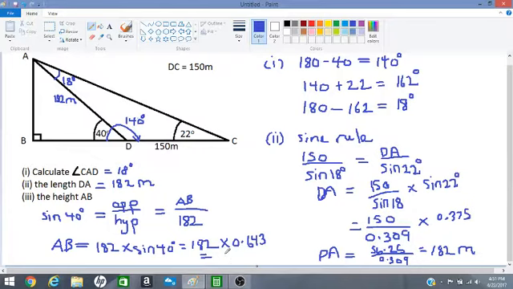We'll round it off and write 117 meters. That is our answer for part 3, and I'm writing it in on the diagram. Remember that we will have to use the sine rule and also the sine ratio sometimes in the same question. Thanks for watching, and all the best to you.